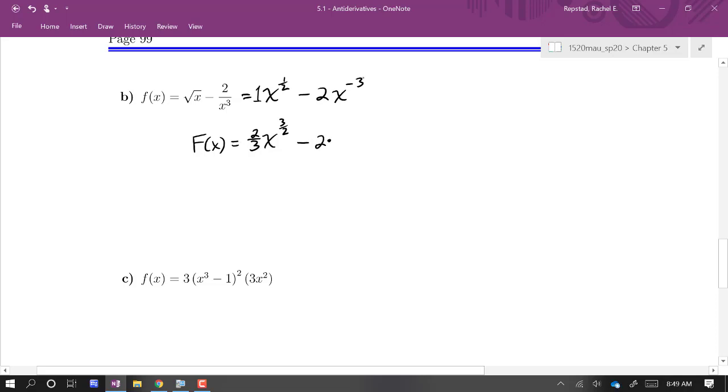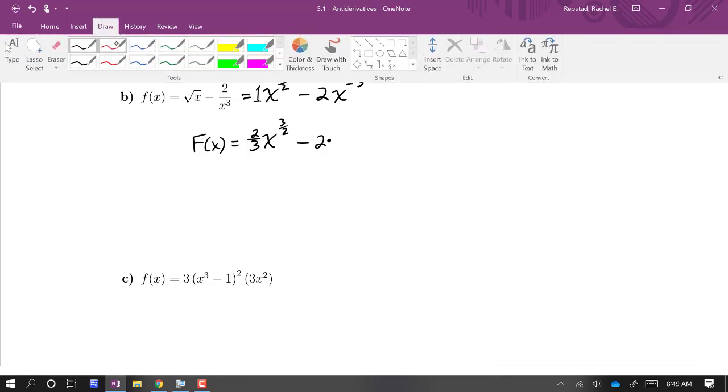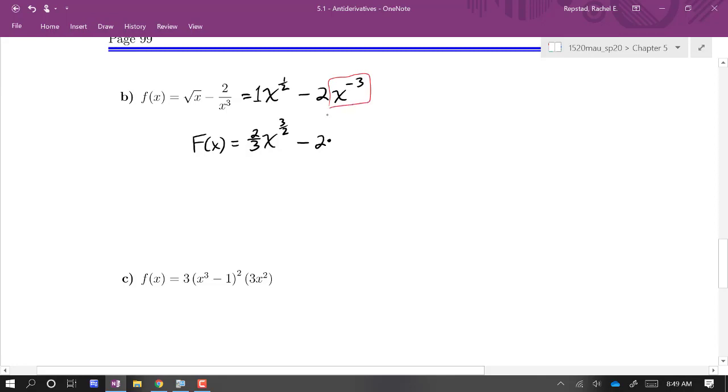And now we're going to go to the next term. I'm bringing down the constant factor because we get to bring down constant factors when we differentiate. So when I'm undoing that process, I'm going to do the same thing. Now I get to just focus on this x to the negative third power. So I'm going to add 1 to the exponent. Adding 1 to negative 3 gives us negative 2. And if I bring down that negative 2, I want to get just x to the negative 3, so I'm going to add a factor of negative 1/2.